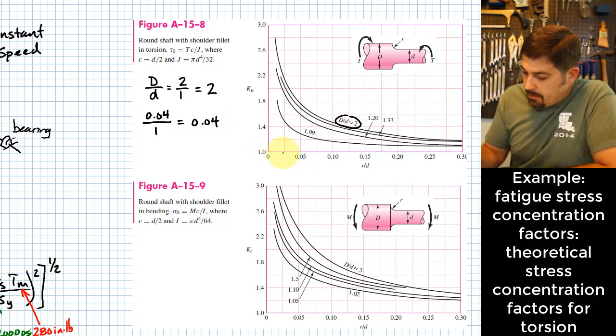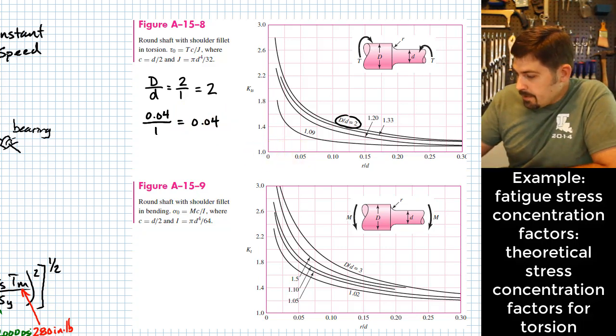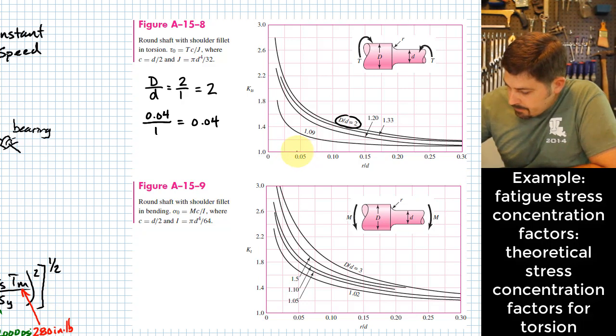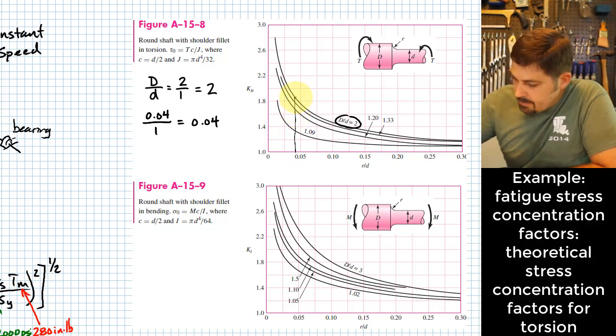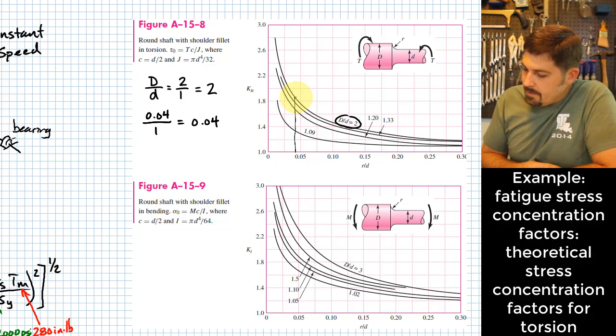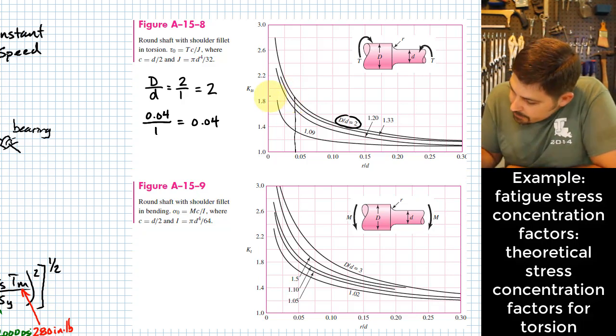If we look along here, 0.04 is likely to be somewhere, let's say, right about here. We read up to this location, and then we read that over to here.